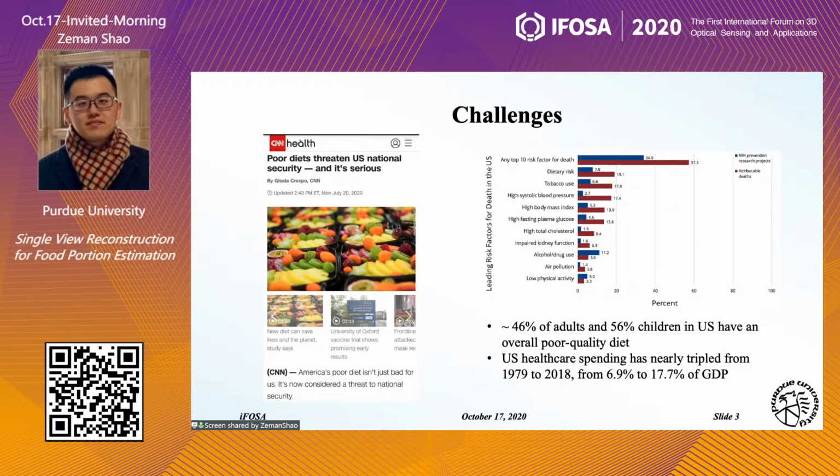However, US healthcare spending has nearly tripled from 1979 to 2018, from 6.9% to 17.7% of the GDP. Therefore, adverse health consequences of a poor diet are well known. However, assessing dietary intake with high accuracy remains a major challenge.